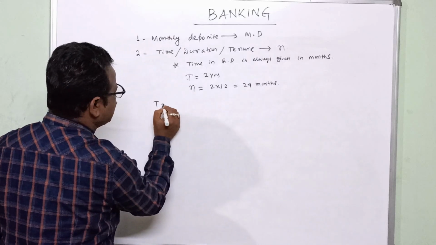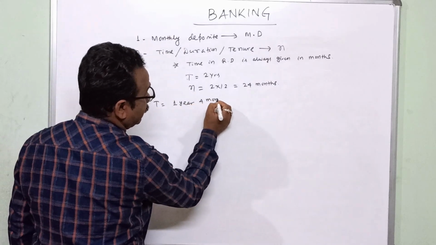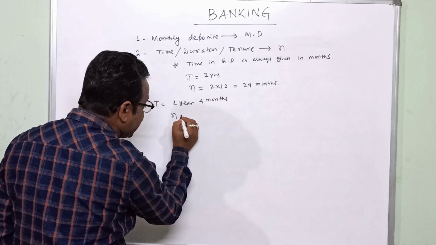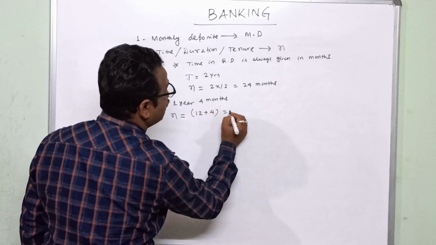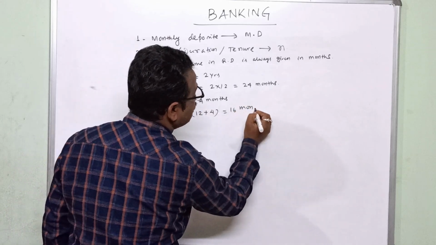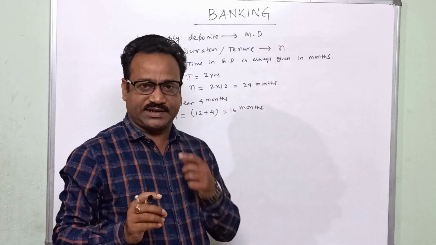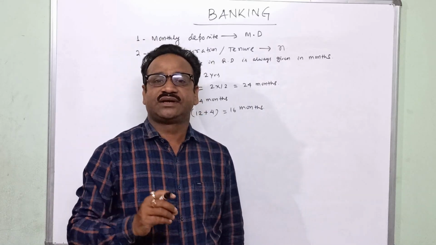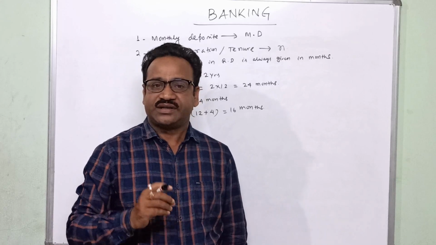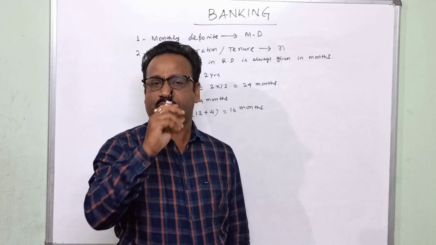Suppose given t is equal to 1 year 4 months, then n is equal to 12 plus 4, that is 16 months. As we are depositing the money every month, we have to calculate the RD interest, the qualifying principal of RD, by taking n in number of months.